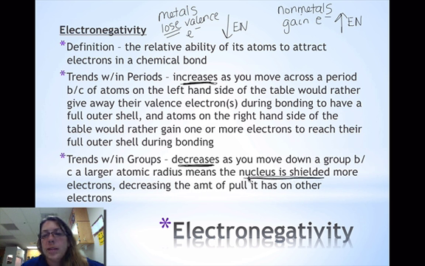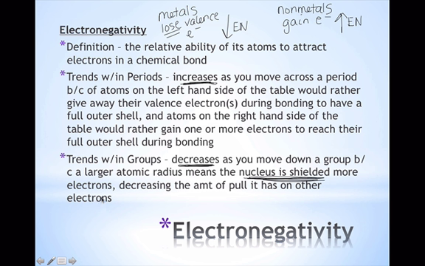If you put a lot of stuff in between the nucleus and the outer valence electrons, it's a lot harder for that nucleus's positive protons to have a pull on any other electrons. So this also is opposite of radius, atomic radius. I guess I should put that in. Atomic radius. And it's the same as ionization energy.